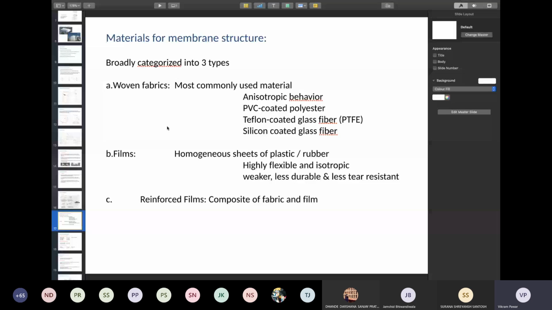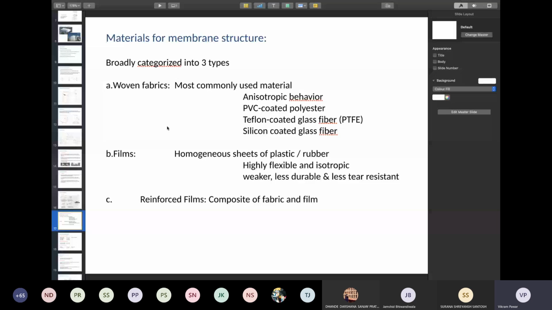But the second category is films, which are like homogeneous sheets of plastic or rubber. They are highly flexible and isotropic. They are weaker, less durable, and less tear resistant. I'm not sure about that. There are many fabrics which claim that they have much higher longevity, and they are much better.